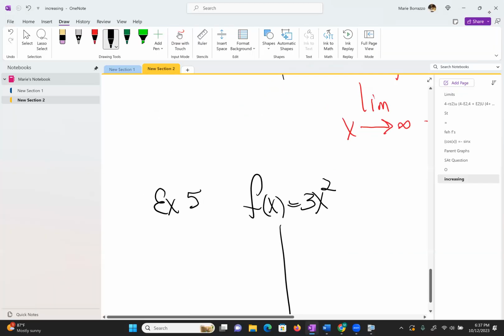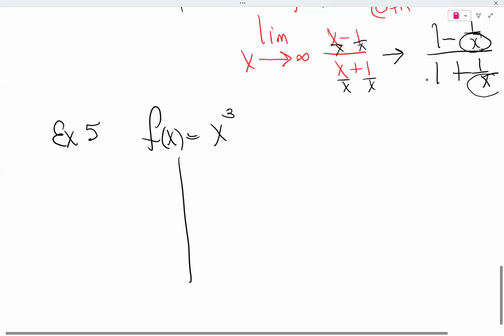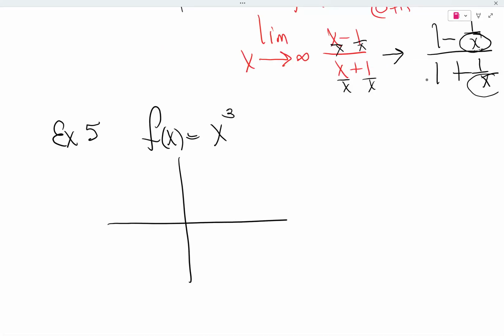I wrote the derivative before I wrote the function, which is actually just x cubed. I was just going to say, this is just a cubic function. If you look at it carefully, it's going through 0, 0, and it's going from negative infinity through the origin back up as such. And so we have what we call an inflection point.